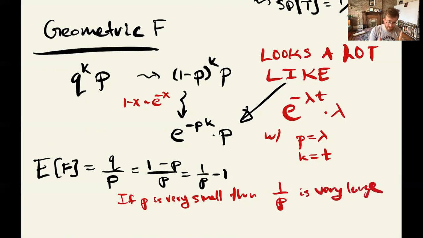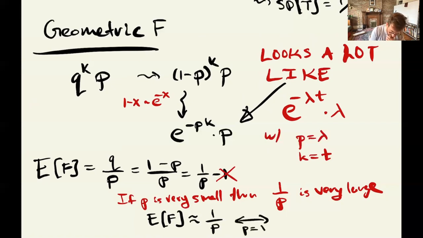And so we can in effect kind of cancel or forget about this term here. So in particular, the upshot being that the expectation of F is approximately 1 over P. So again, if we do this substitution of P equals lambda, now we get 1 over lambda, which is the expectation of T.